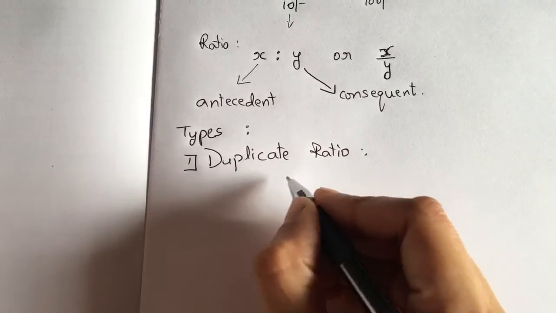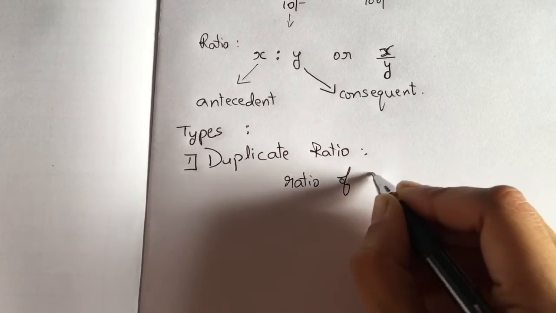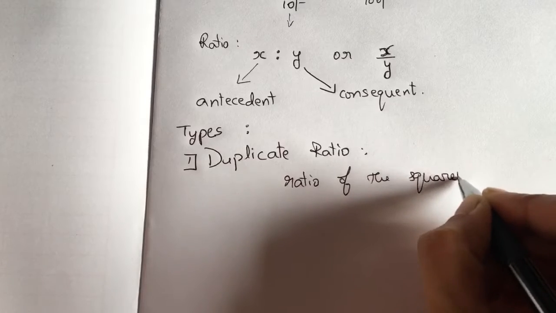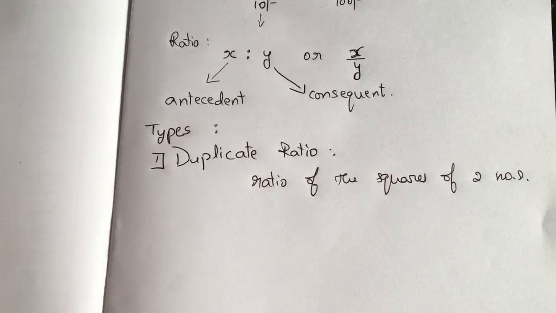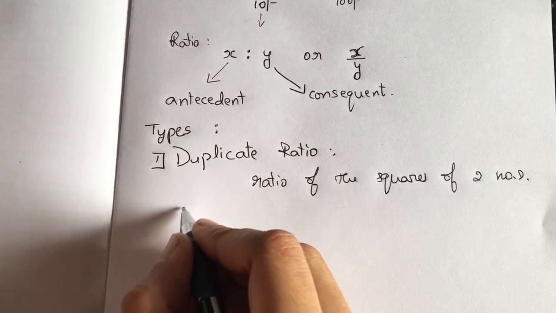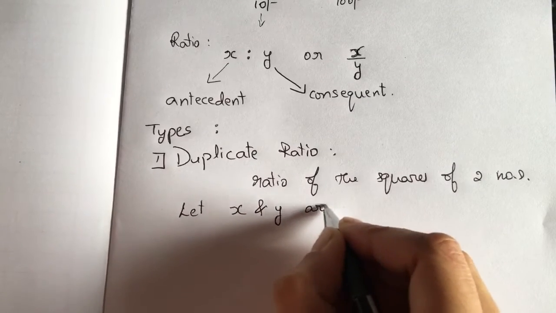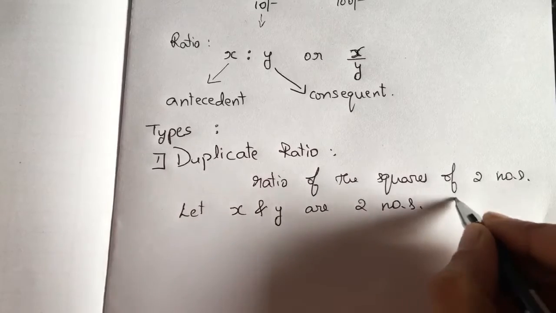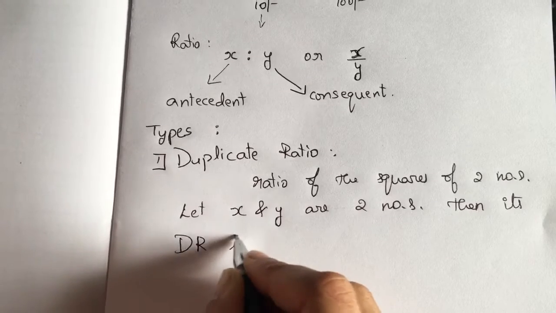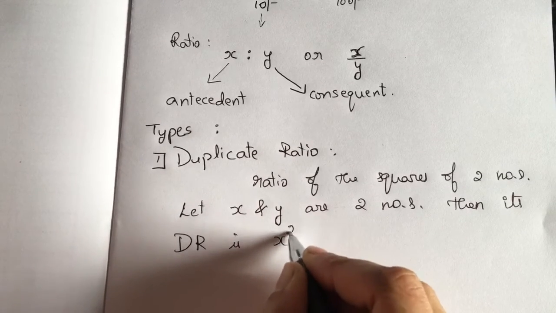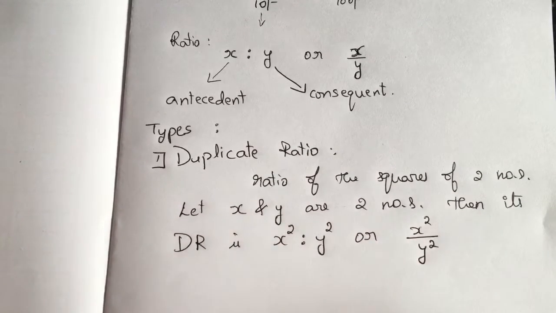Suppose X and Y are two numbers, then its duplicate ratio is X square is to Y square, or you can even write it as X square by Y square.